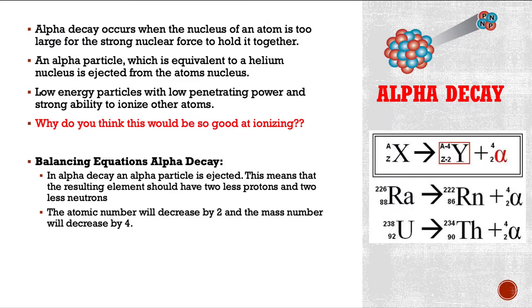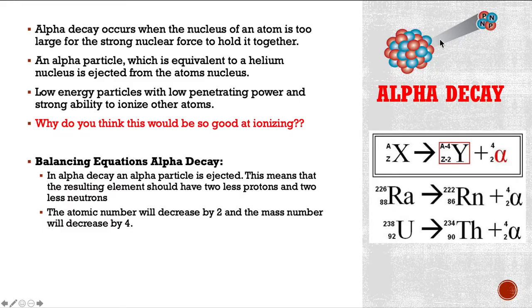And in order to counteract that instability, an atom can eject an alpha particle, which is 2 protons and 2 neutrons, from its nucleus to gain a little bit more stability, become a little bit smaller, and allow that strong nuclear force to act a little bit better on its particles to hold them together.